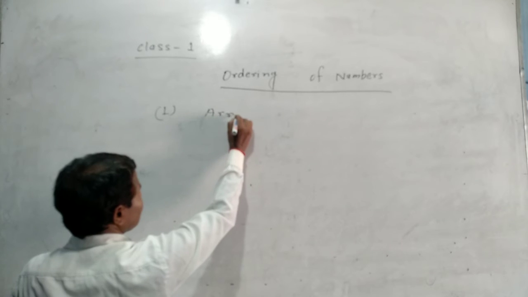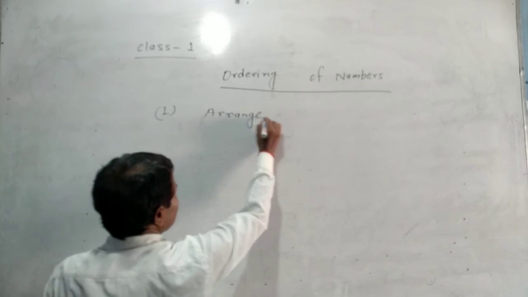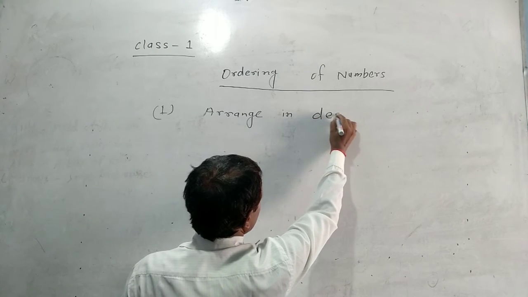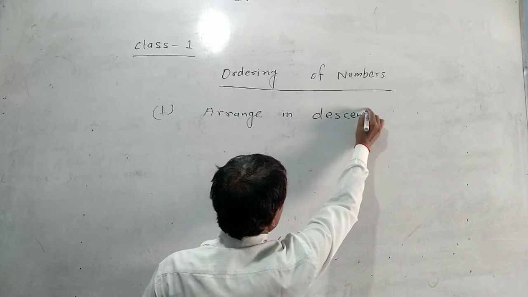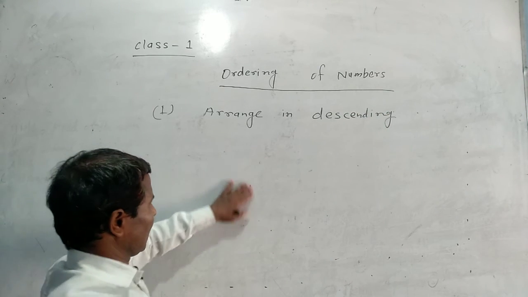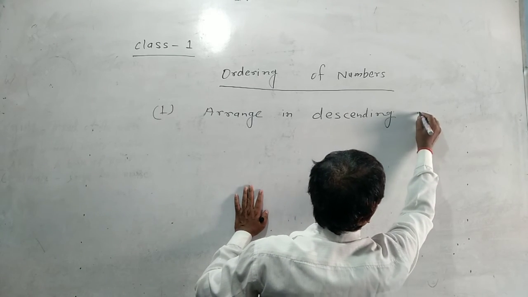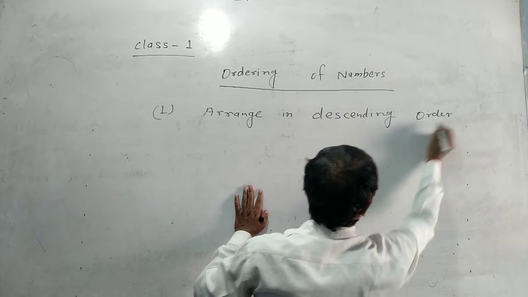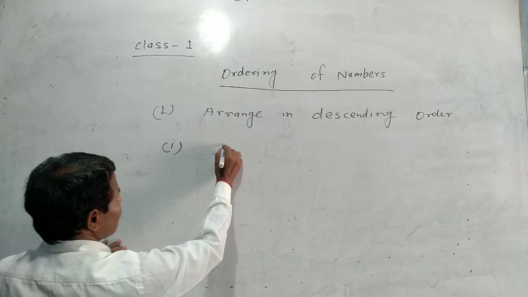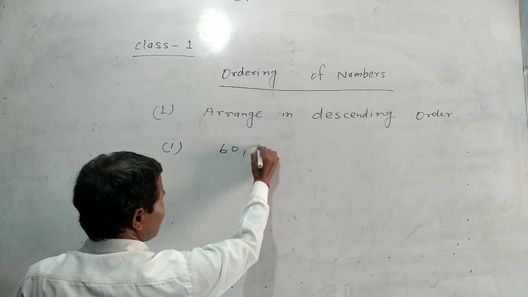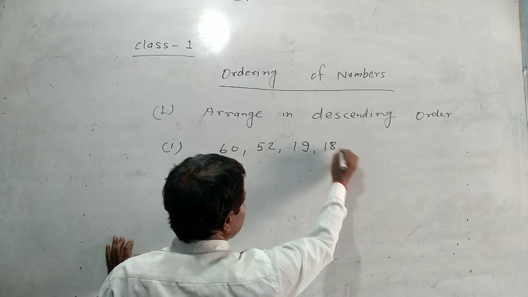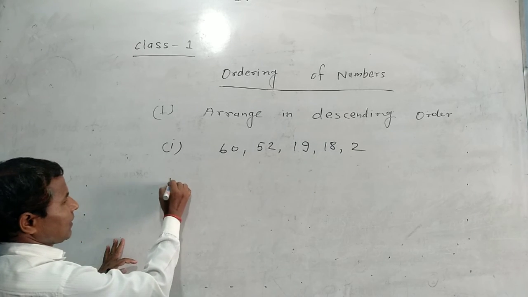Arrange in descending order. First 60, 52, 19, 18, 2.